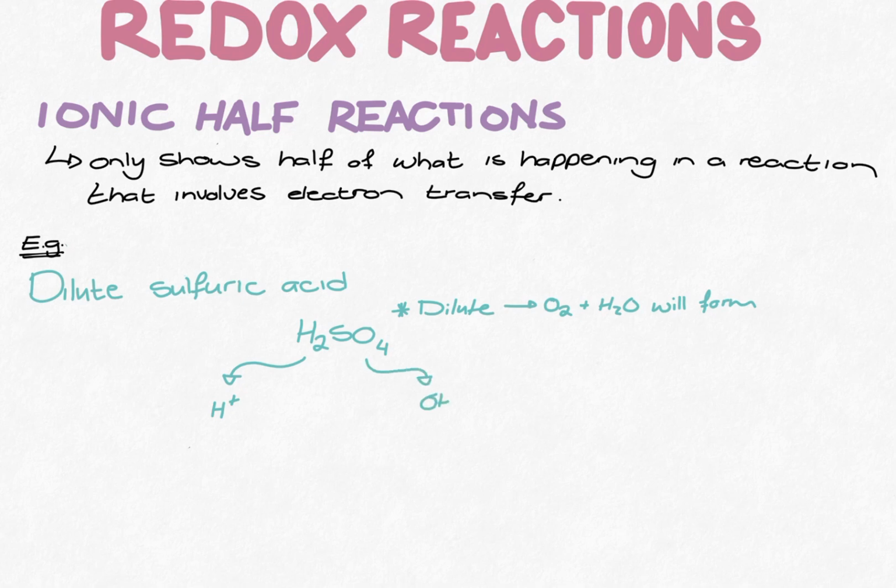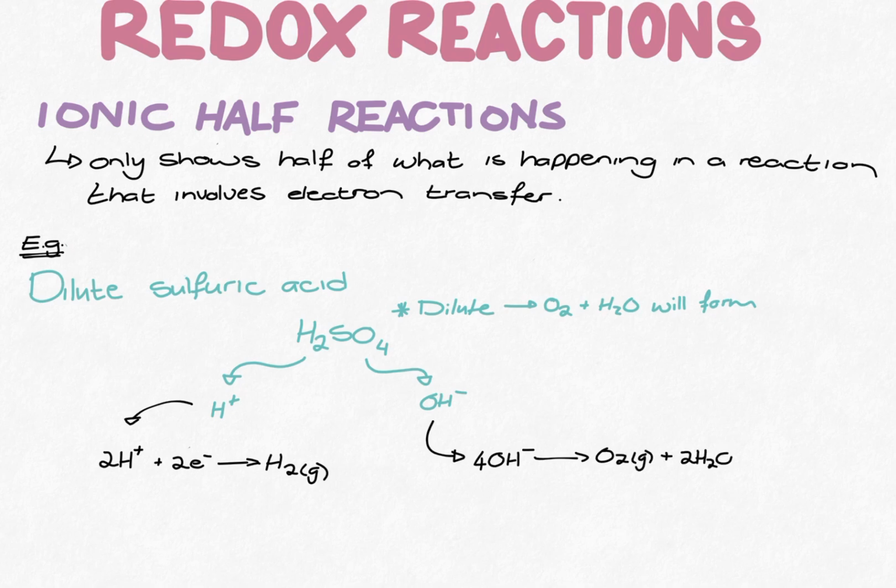So at my cathode, I would have 2 hydrogen ions gaining 2 electrons and producing hydrogen gas. At my anode, I have my 4 hydroxide ions producing a diatomic oxygen molecule, 2 water molecules, and 4 electrons.